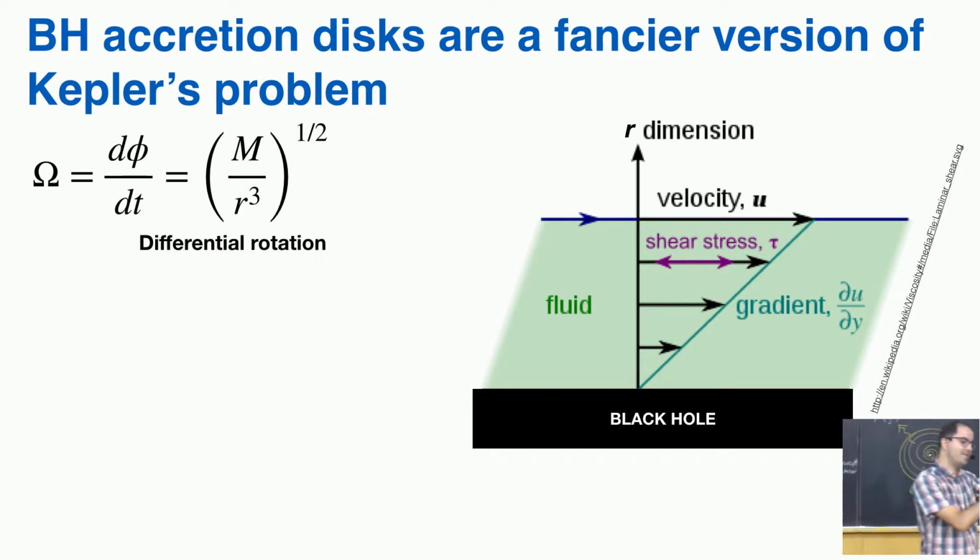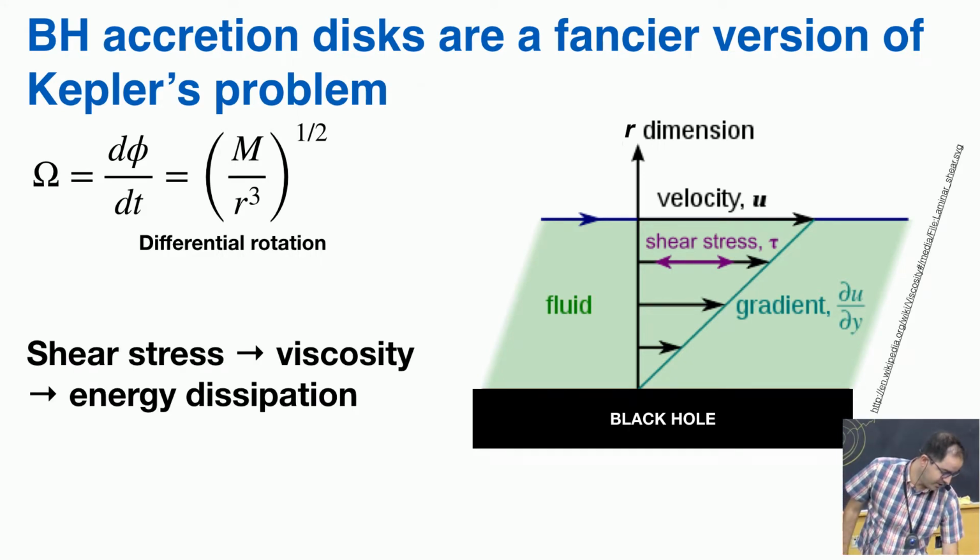And if you have different elements of the fluid with different velocities, they will slide through each other, and they will have viscosity, and they will dissipate energy, okay? This is hydrodynamic viscosity. So in other words, you have something that looks like this, but in the real physical problem, you should have the black hole here, and then the velocity vector would be this, okay?